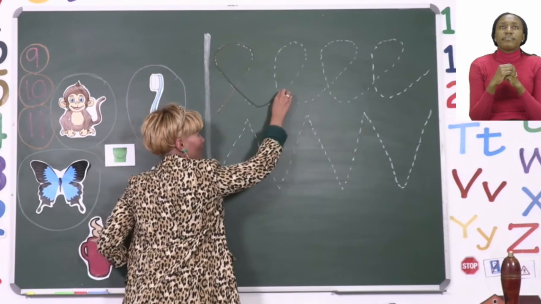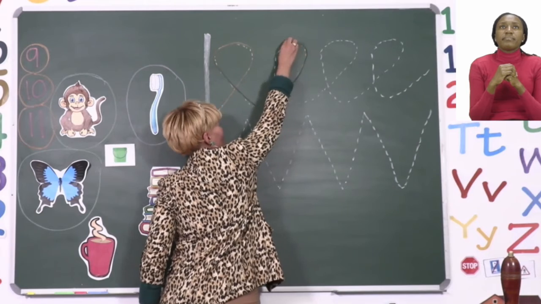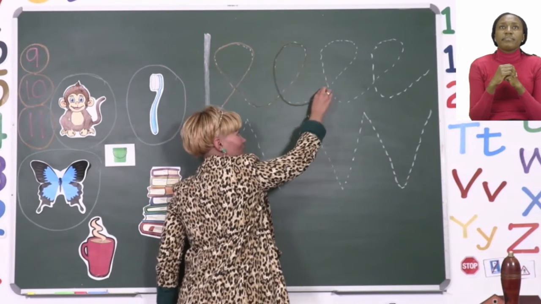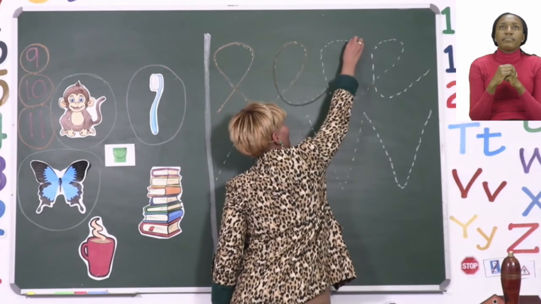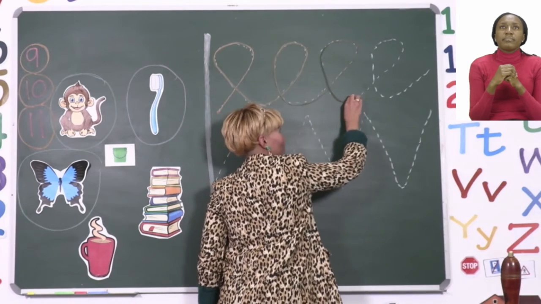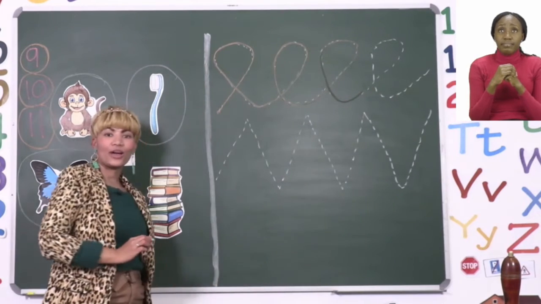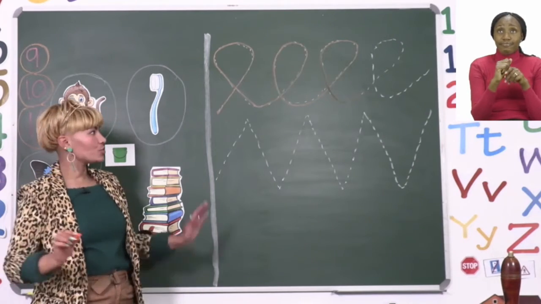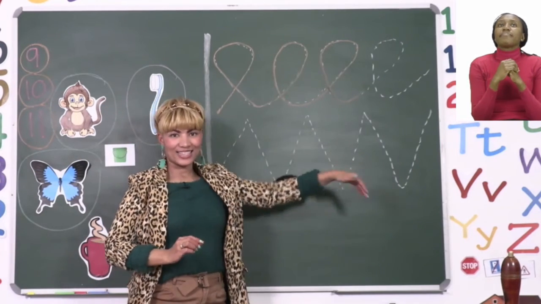Then you go up and around and down. One more time. Up, around and down. So you must now go ahead and trace all the way to the right hand side of the page.